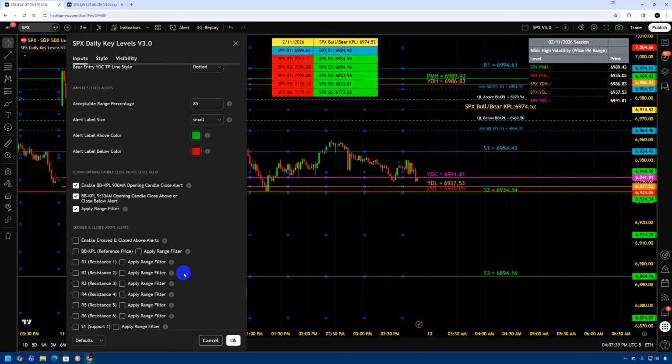If you have it off, then it can serve a different purpose. One alternative purpose may be just to notify you that it closed above a certain level or closed below a certain level if you had a bearish trade, and that's your trigger to alert you to get out of your trade and take your profit, as an example.